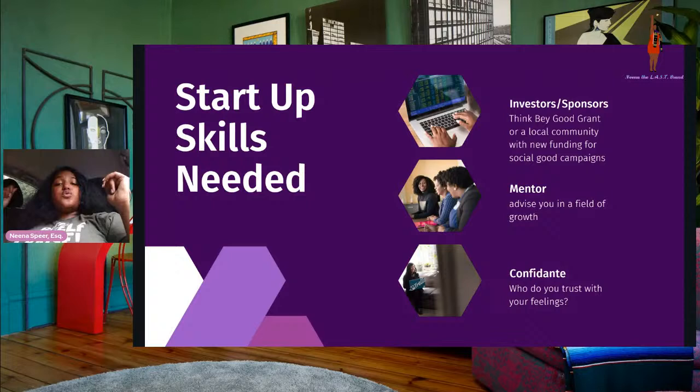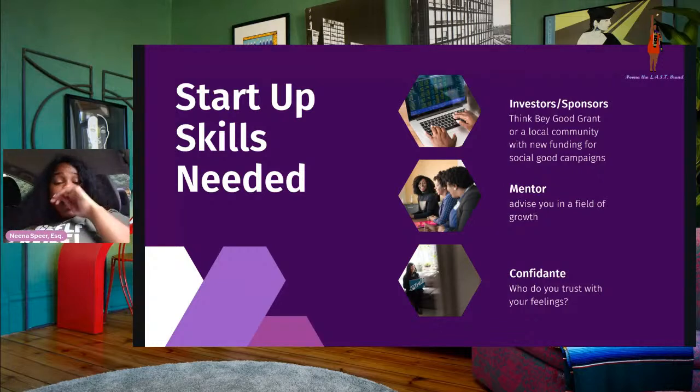Okay. You need someone who can be a mentor in this field that you're in. And you need someone that everybody on the board can trust with their feelings when things are not going right, which is a board chairperson. Okay. You need an investor. You need someone who's going to be able to help you grow, lead the organization, and you're also going to have someone who can be a confidant.